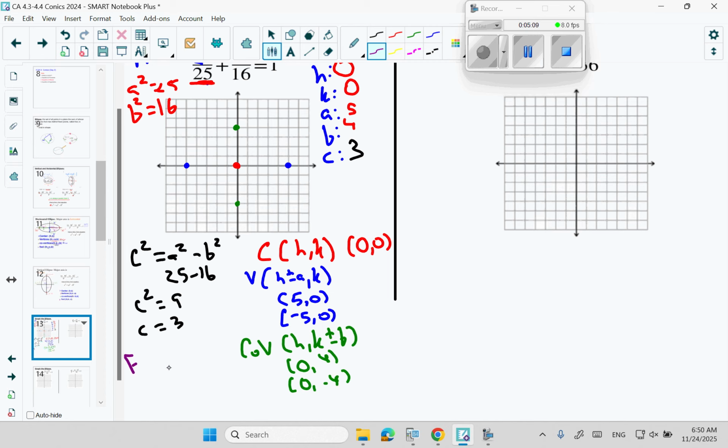Of course, we get our foci. Our foci, H plus and minus C, comma, K. So 0 plus 3 is 3, 0 minus 3 is negative 3, K is 0 for both.